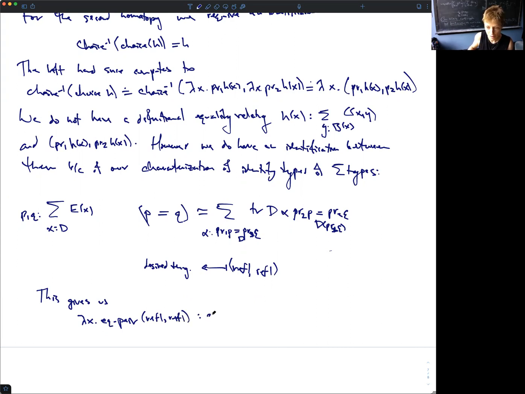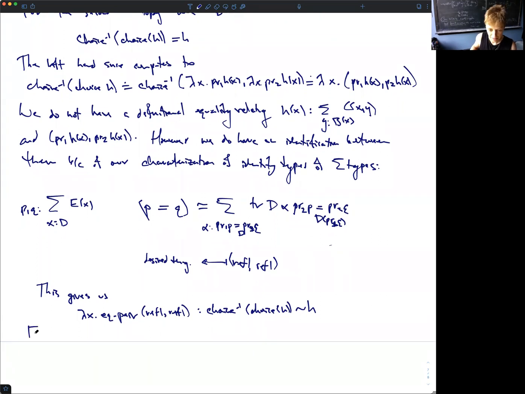So this is giving me a homotopy between choice inverse of choice of H and H. So I wanted an identification between this and H, but by function extensionality, which is what we're using now, it suffices to give a homotopy, and that's what we need. So funext makes this an identification, and thus a homotopy.